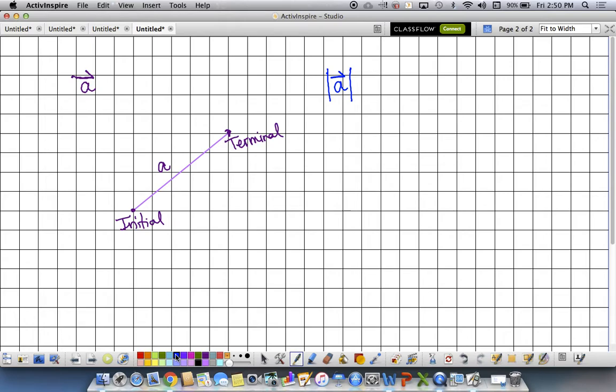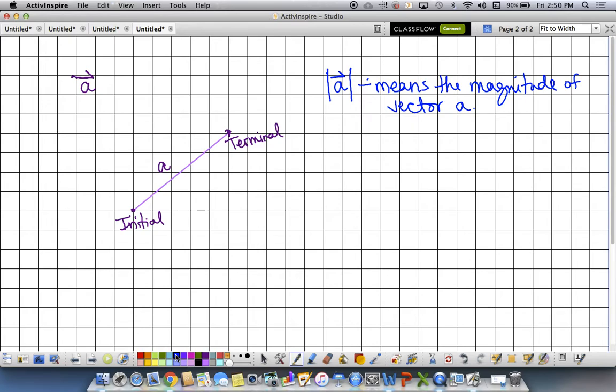And I would simply need to find the length, or the magnitude, of vector A. So now we need to find the magnitude of vector A. How in the world are we going to do that?